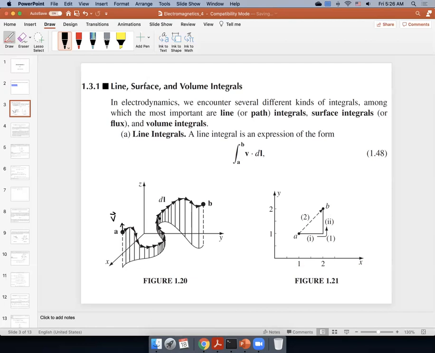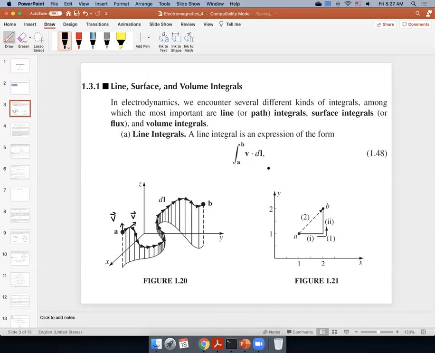And at different points, you may have different v with different directions. So for example, at this position, you need to use v dot product dl. So you do v dot product dl in this path, and then you can calculate the integral.